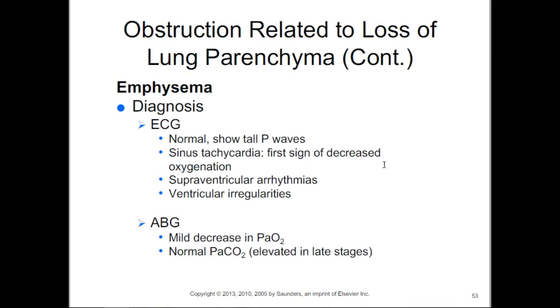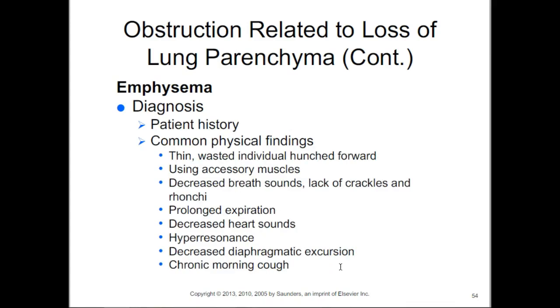So anything before the QRS complex would indicate a supraventricular arrhythmia, and ventricular irregularities. You might see a mild decrease in the partial pressure of oxygen, but a normal PCO2. However, it will be elevated in late stage emphysema.